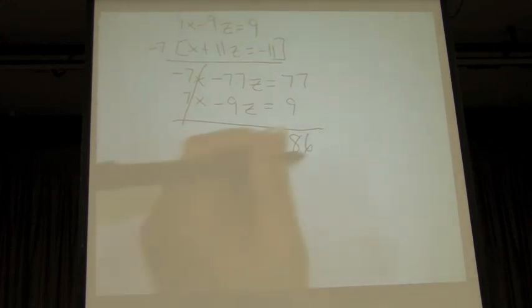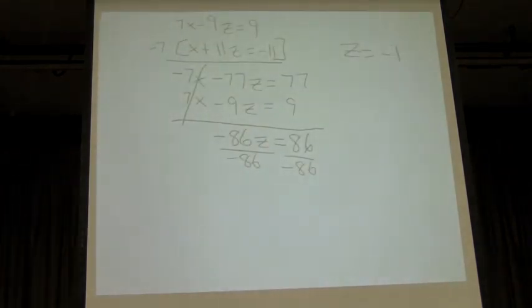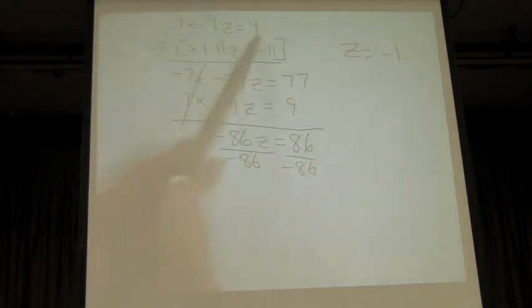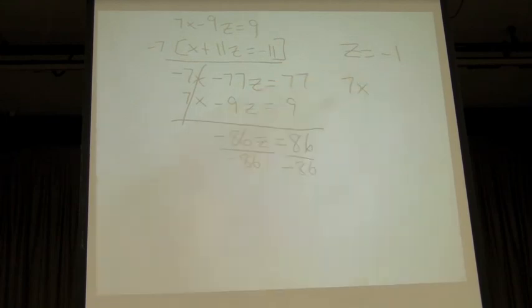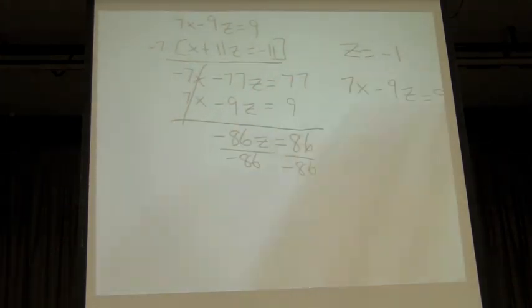Divide by negative 86, and you get z equals negative 1. Now that you know z, go back to one of the equations that had just x and z, such as 7x minus 9z equals 9.